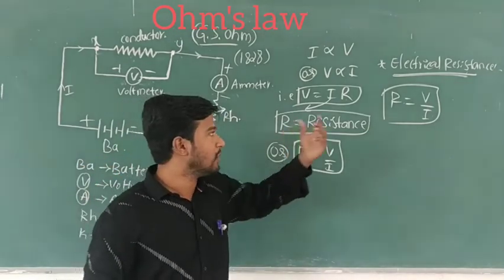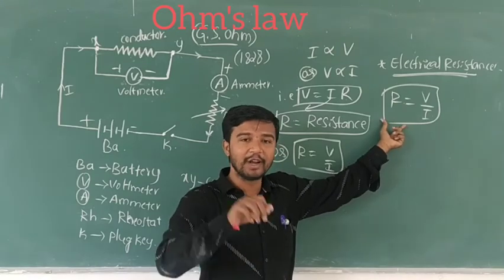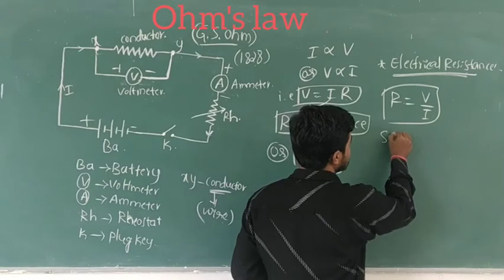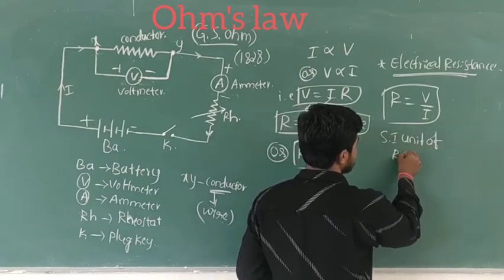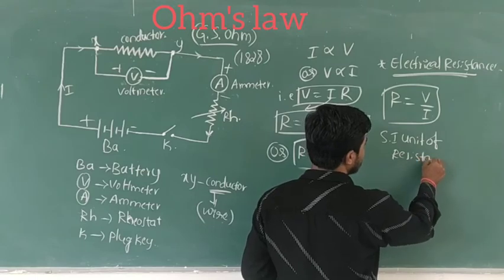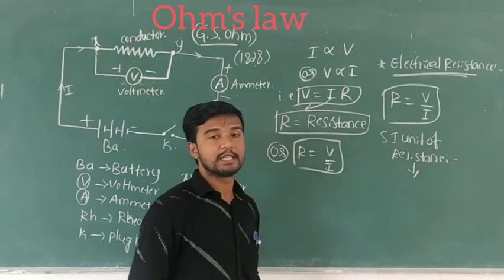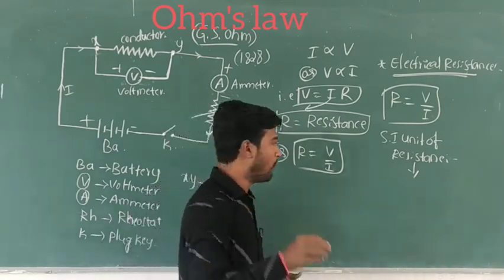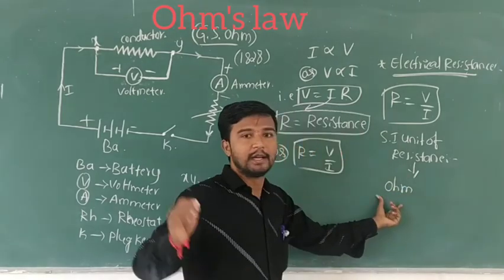Now, resistance has an SI unit. You already know the SI unit of resistance. What is the SI unit of resistance? You already learned, that is ohm. The SI unit of resistance is ohm.